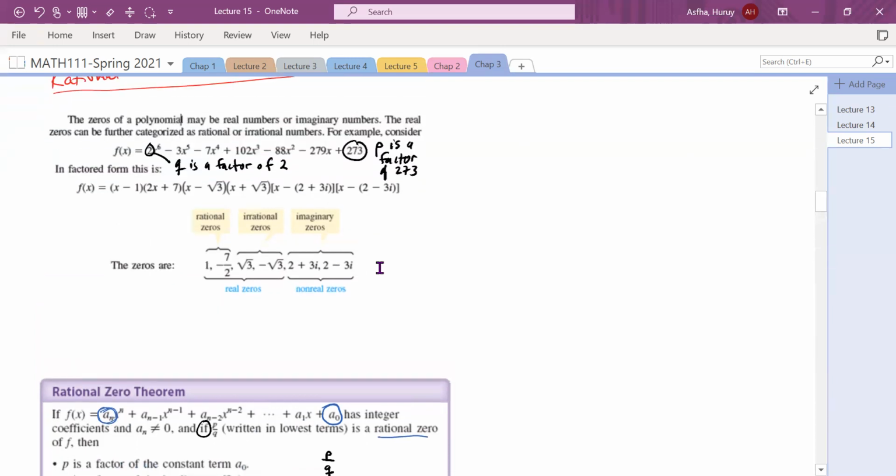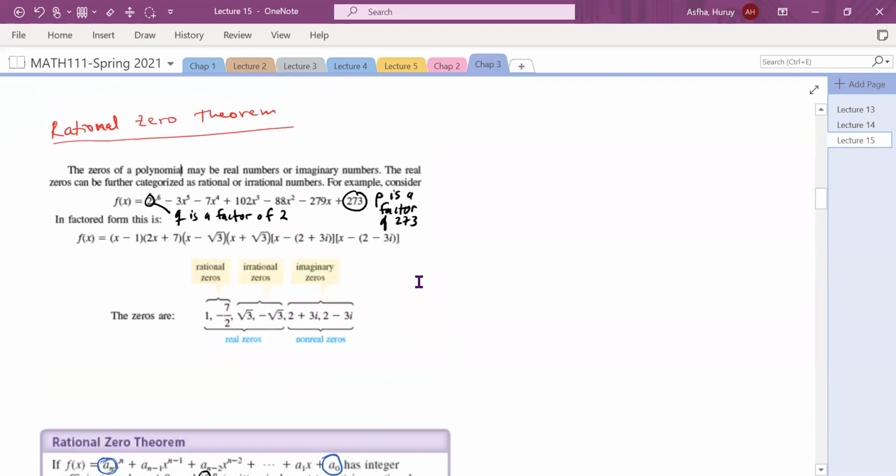Now, if we go back to this, for example, here we have this polynomial. So the leading coefficient is 2, and the constant coefficient is 273.